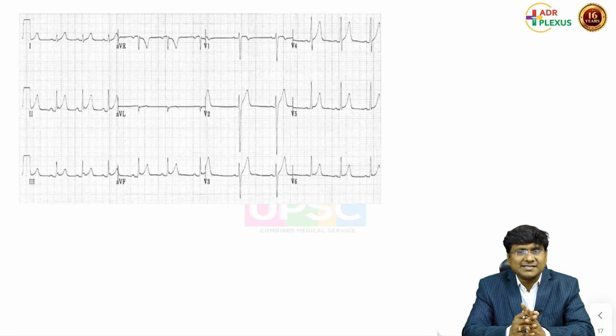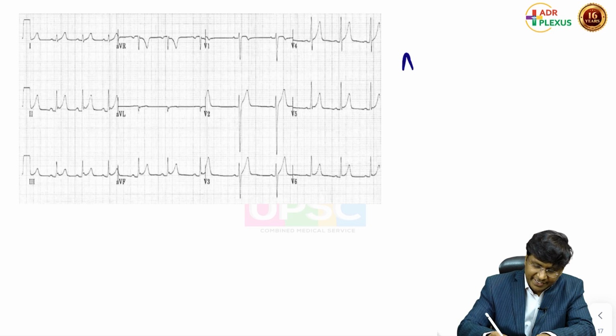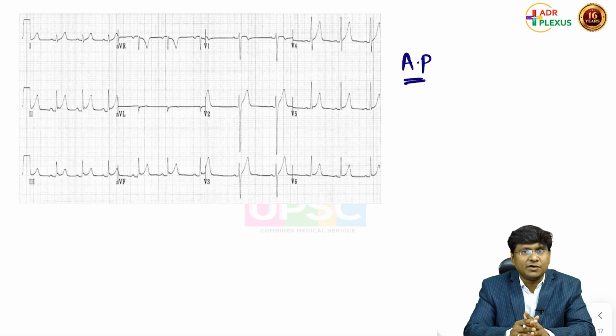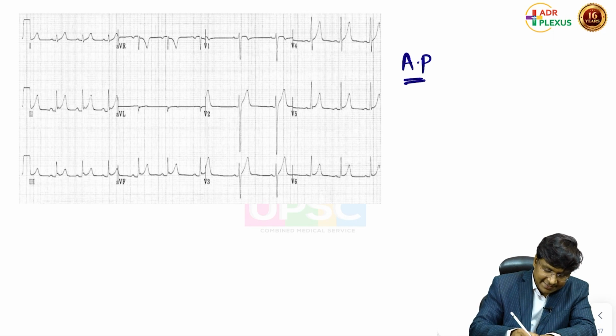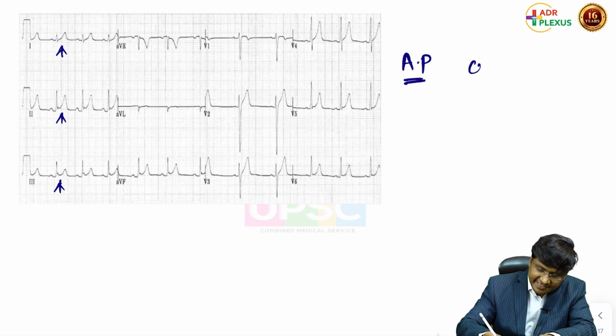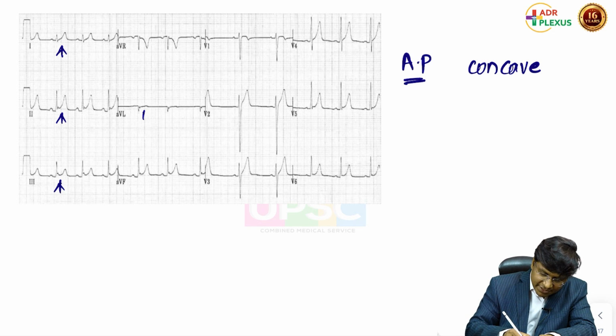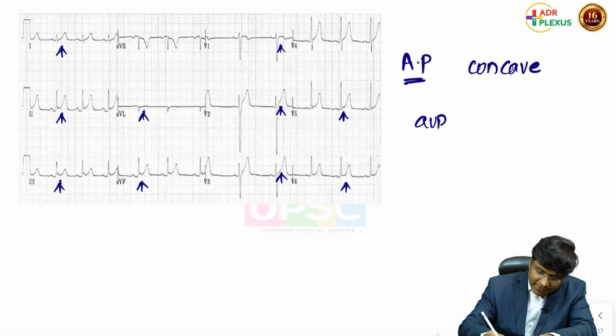And this is the ECG of acute pericarditis, where you have the presence of global ST segment elevation. That means a concave ST segment elevation will be there, and this concave ST segment elevation will be observed in more or less all the leads, okay? But the only thing is, in aVR, you will notice that there is ST segment depression.